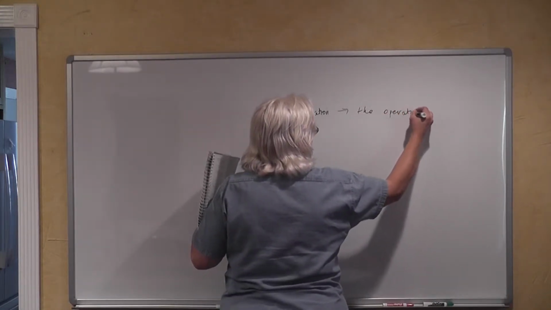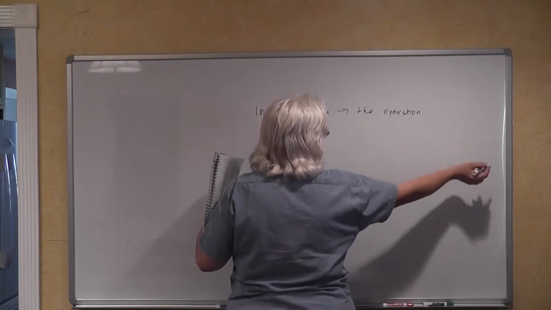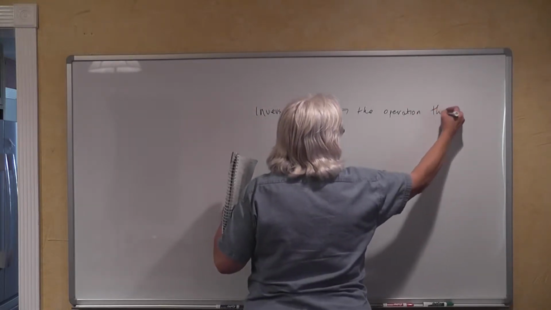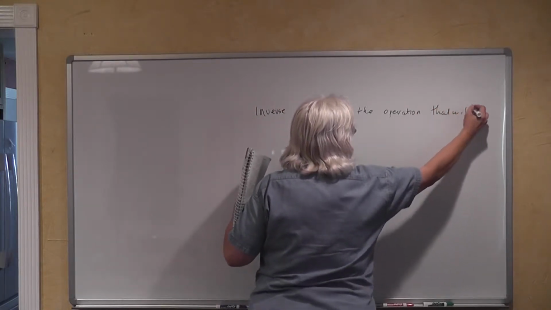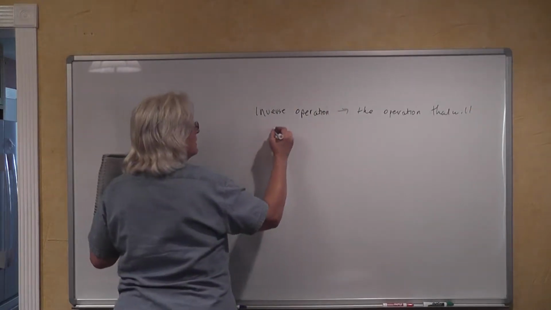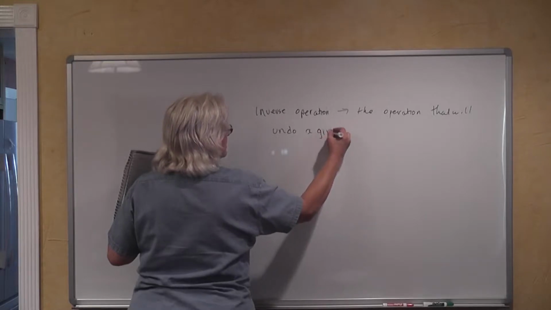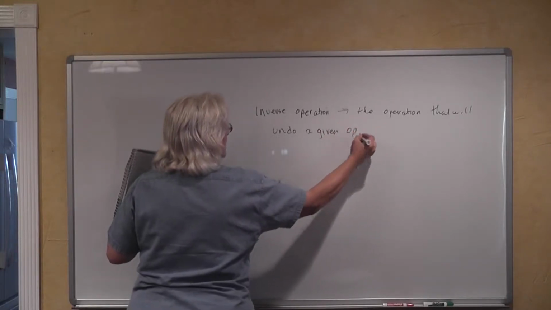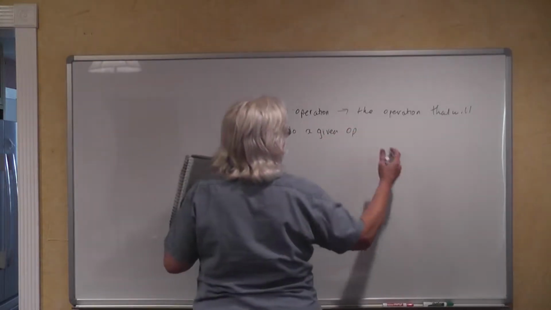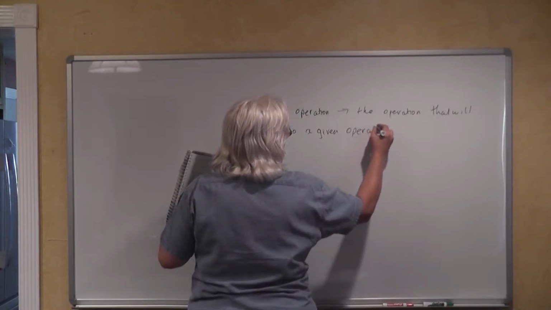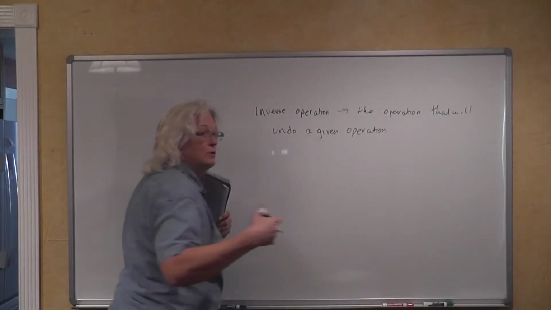And of course you just want to stumble all over that operation word, because you use it so frequently. And we're talking about inverse operations. They're things that undo one another.